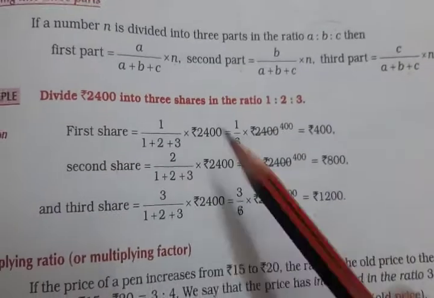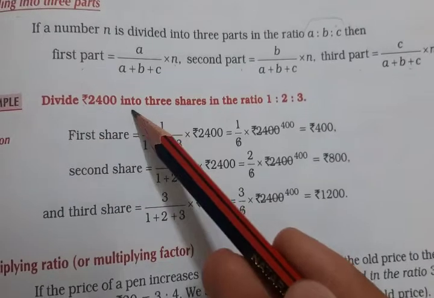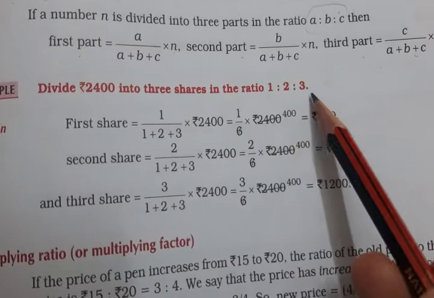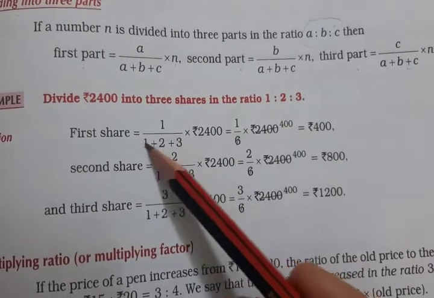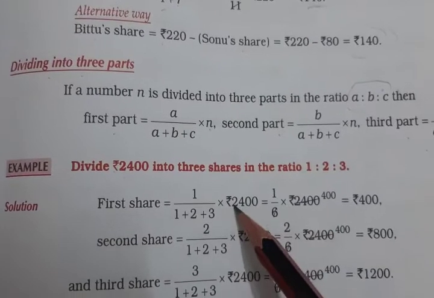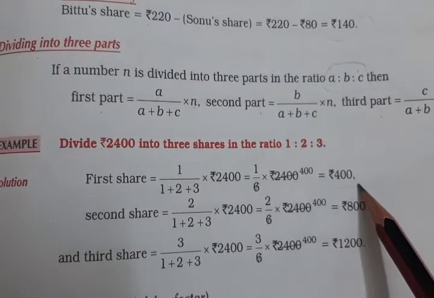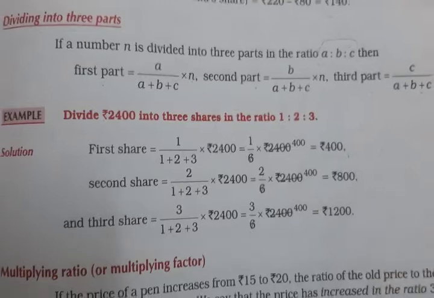Now same as it is, total n is 2400 and into 3 shares, that is 1, 2, 3. First share is equal to a upon the sum of these, into the total. After multiplying and dividing, 400 is the first part, the first share. Second share again as it is, third share again as it is. Okay.